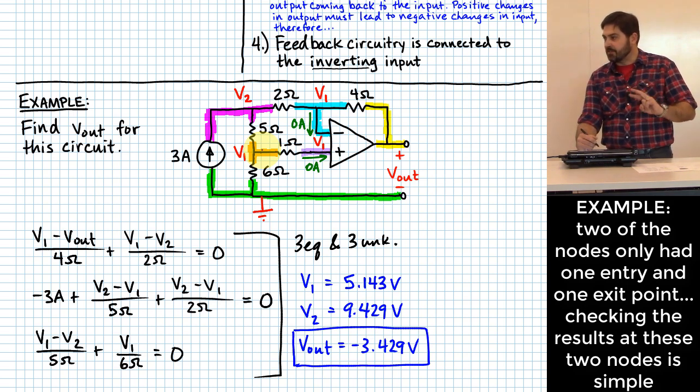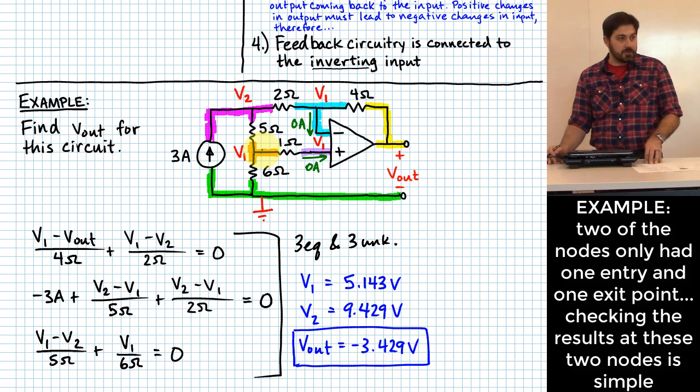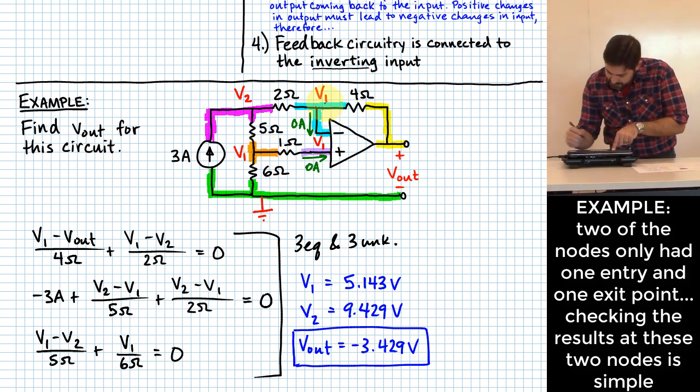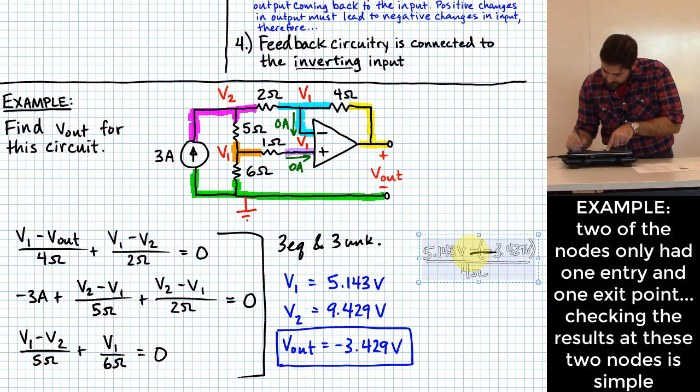Would you like to see if it makes sense for these values to be like they are for those two? So what that would look like is if we did, let's say, V1 minus V out, which would be 5.143 volts minus a minus 3.429 volts over 4 ohms, okay, how much current would that give us?